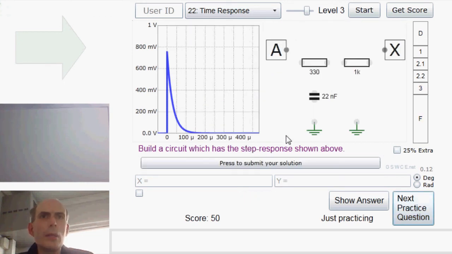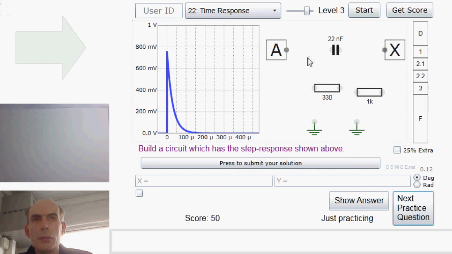Different type of one. Now we've got to build a circuit out of these components with known values which has this step response. Well, clearly we have got an initial spike up to around 760 millivolts here. So we're going to need a capacitor which goes between A and X, but it can't be the only component between A and X, because then the initial spike here would have gone up to 1 volt, and this one doesn't.